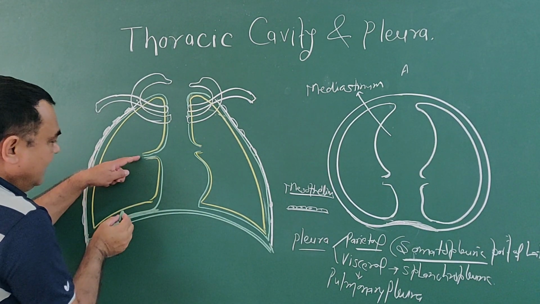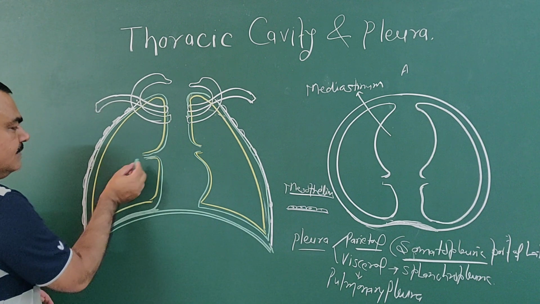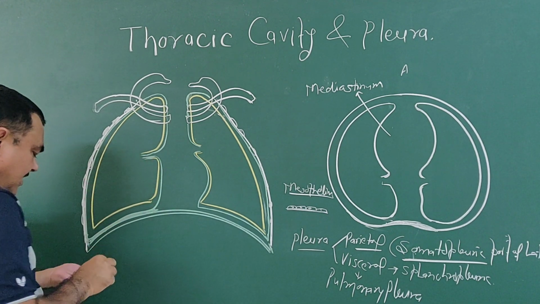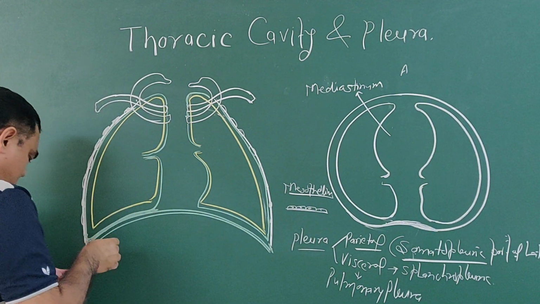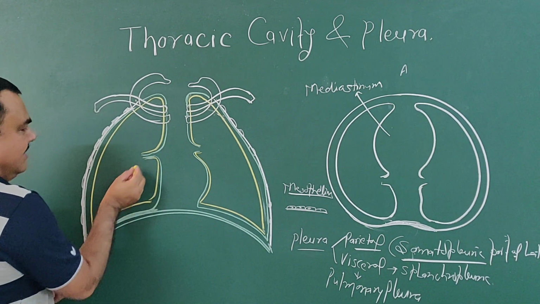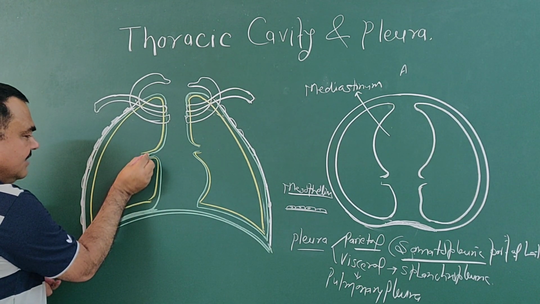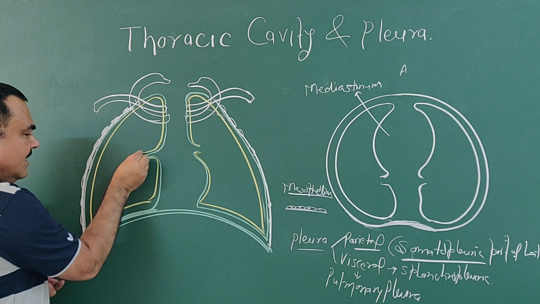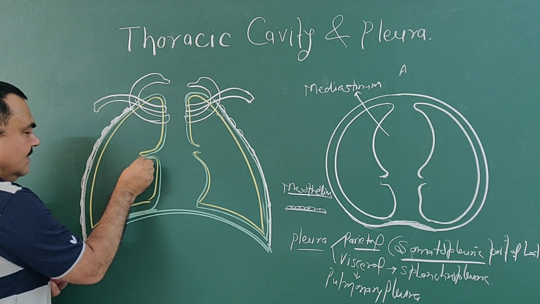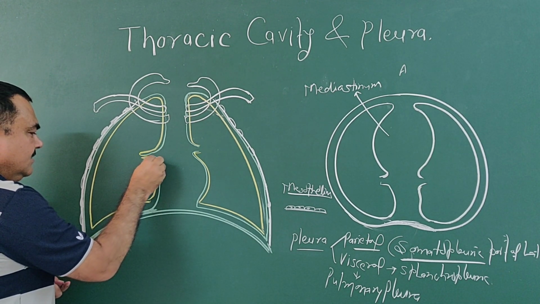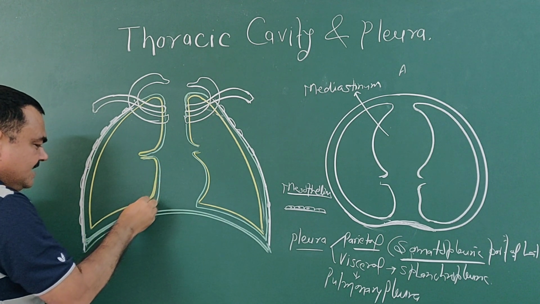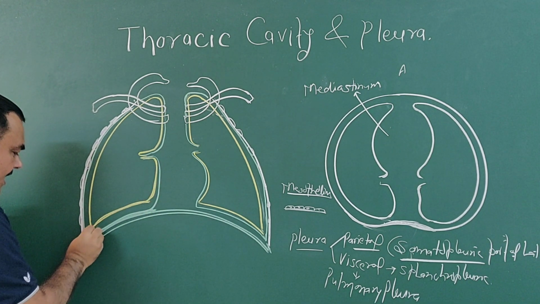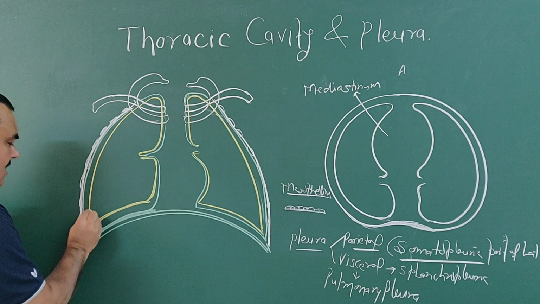At the site of the hilum, at the root of the lung, this is continuous with the visceral layer. This is the visceral layer here, in yellow color. The visceral layer is adherent to the lung.